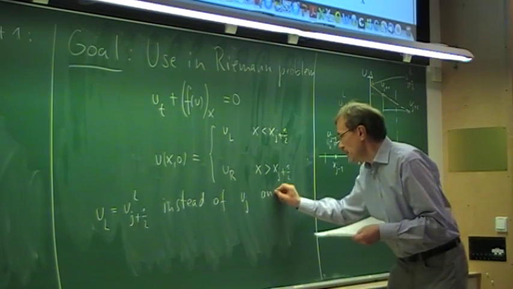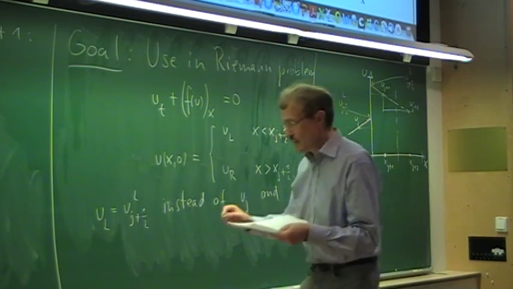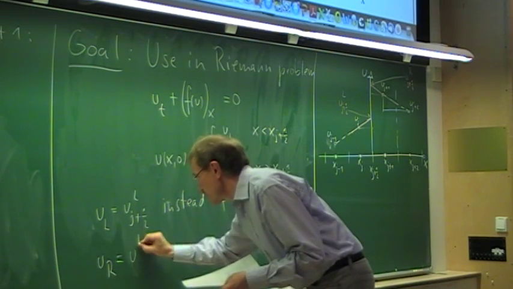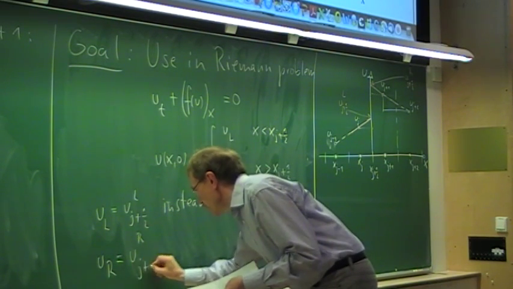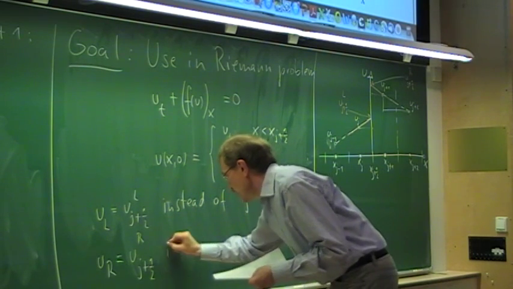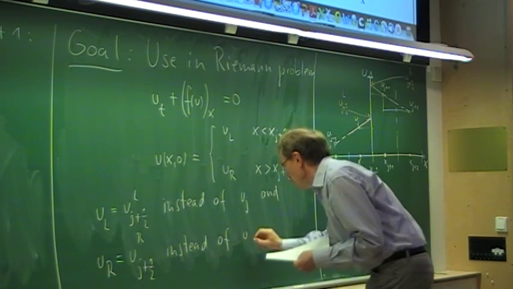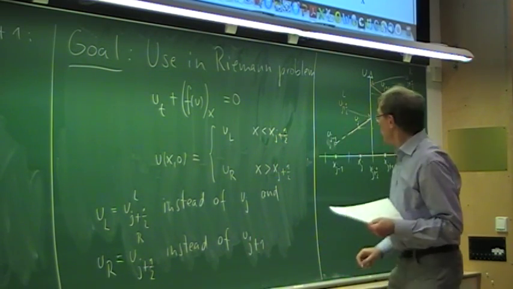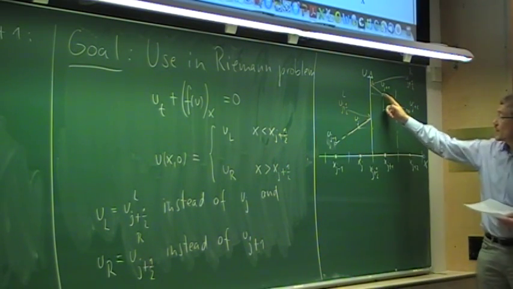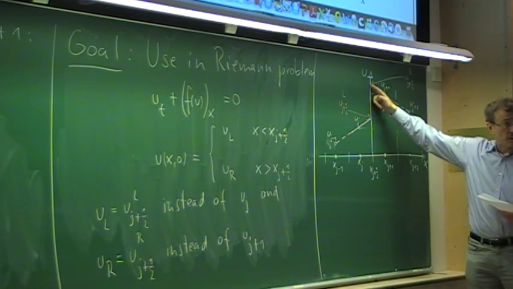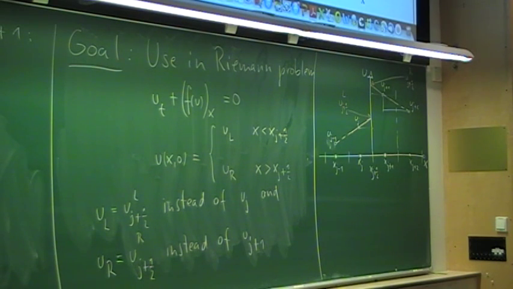And similarly on the right, we use u right equal to the right reconstruction j plus 1 half. And that we use instead of Godunov's uj plus 1. Godunov would have used this here, but we use a more accurate one. So that is our goal.